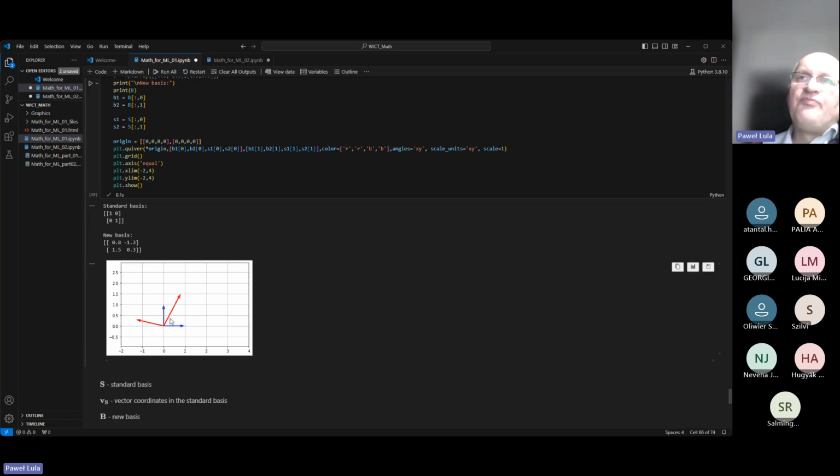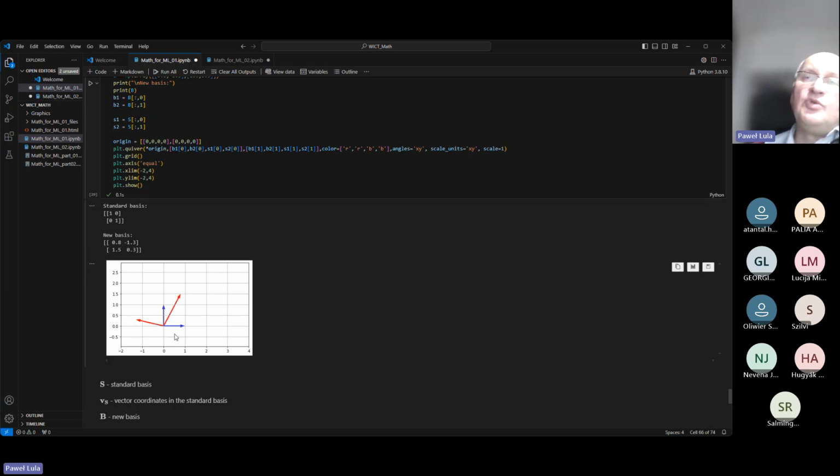For example, here on this graph, you see this standard basis. It is defined by these two unit vectors, this blue one, but also these two red vectors can be used as a basis.